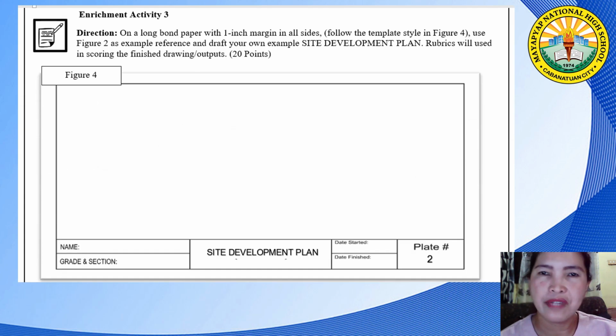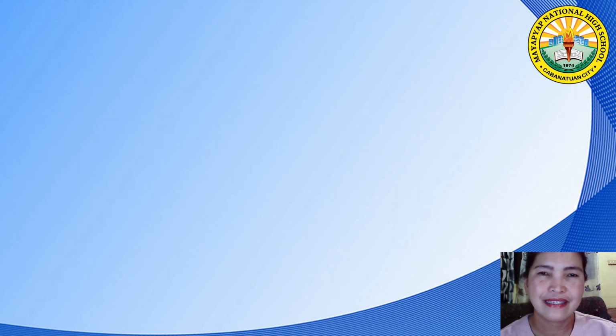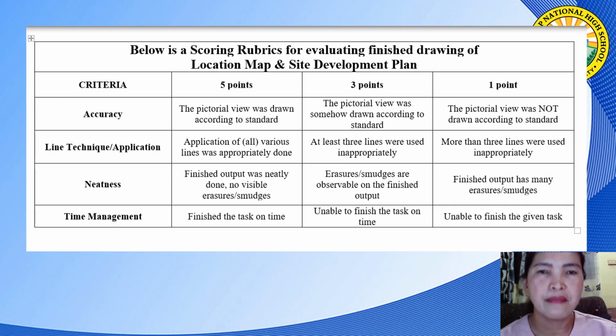And for enrichment activity number 3, on a long bond paper with 1-inch margin in all sides, just follow the template style in figure 4, use figure 2 as an example reference and drop your own example of site development plan. Rubrics will be used in scoring the finished output or drawings. Here is the rubrics for scoring your finished drawings of location map and site development plan.